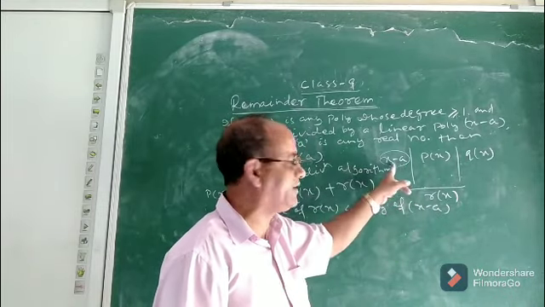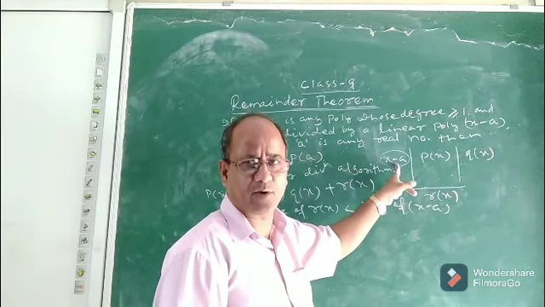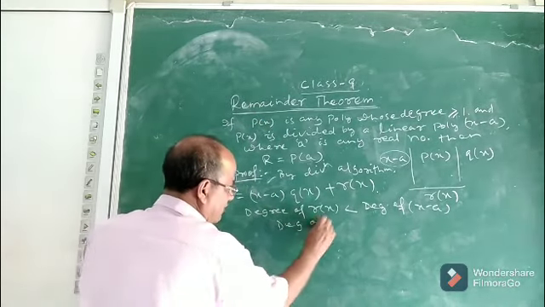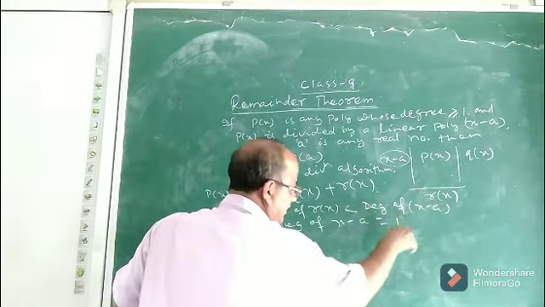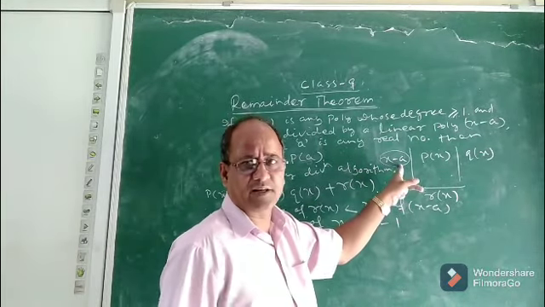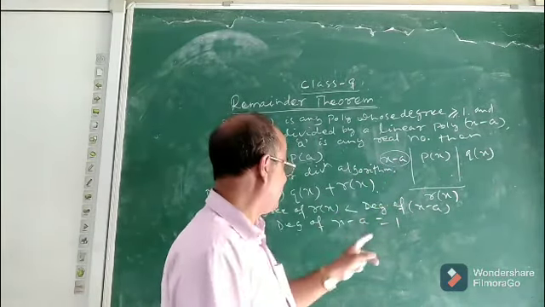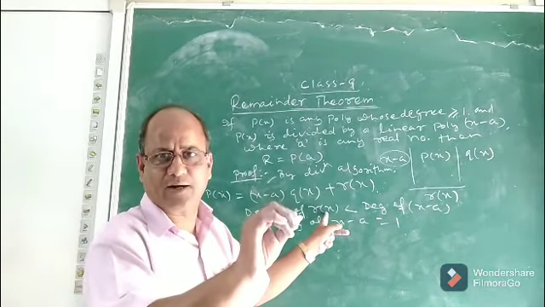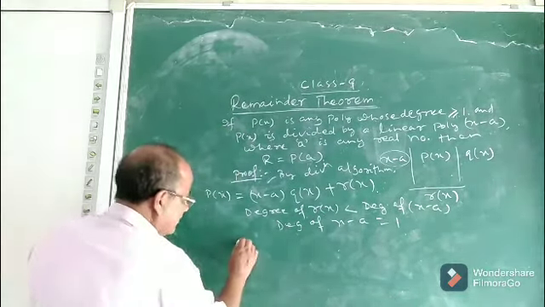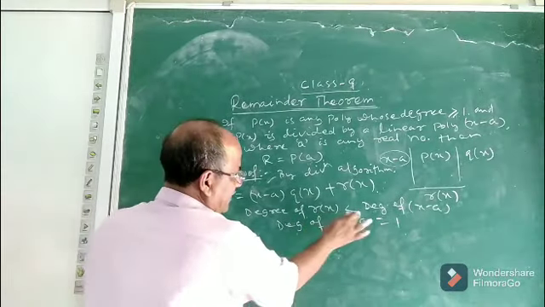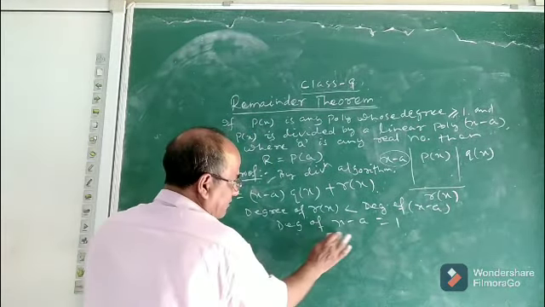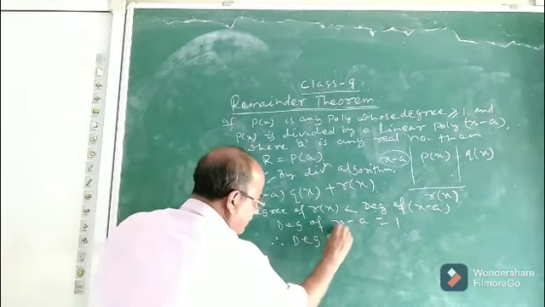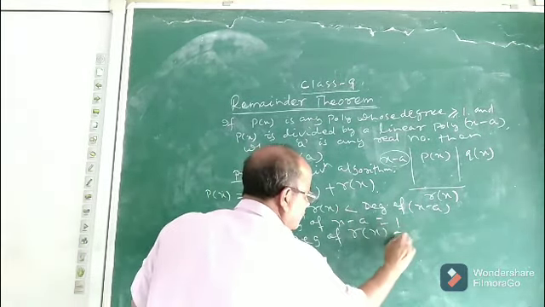And children, what is the degree of x minus a? It is a first degree polynomial, so its degree is 1. If the degree of the divisor is 1, then what will be the degree of the remainder? It is less than 1. Less than 1 means 0. So, since the degree of the remainder is less than the degree of the divisor, and the degree of the divisor is 1, definitely the degree of R of x equals 0.